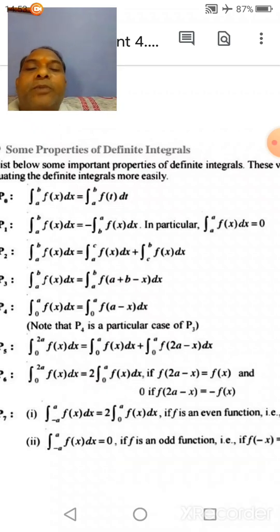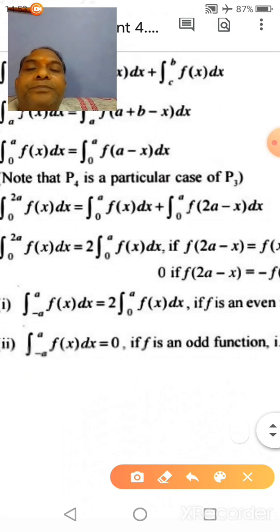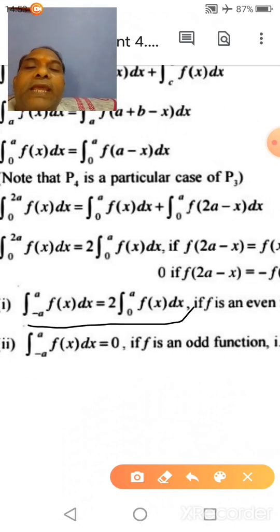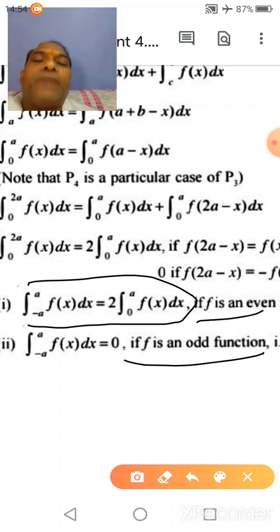Next property: integration minus a to a f(x) dx is equal to 2 into integration 0 to a f(x) dx if f is an even function, and integration of minus a to a f(x) dx will be 0 if f is an odd function. Clear? Now, what do you mean by even function and odd function?